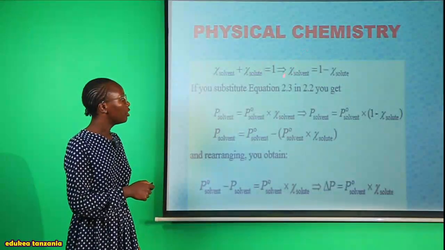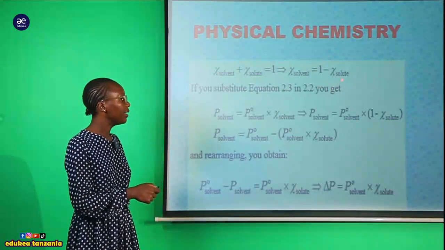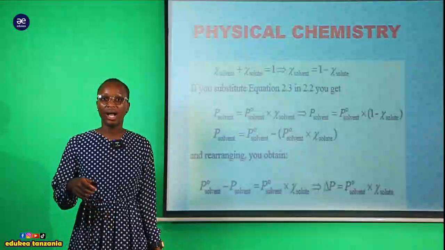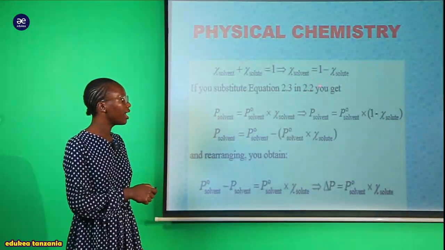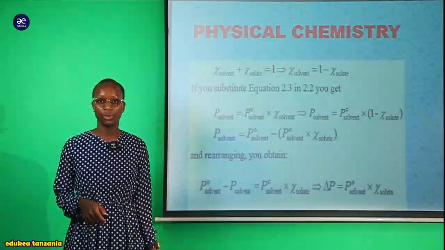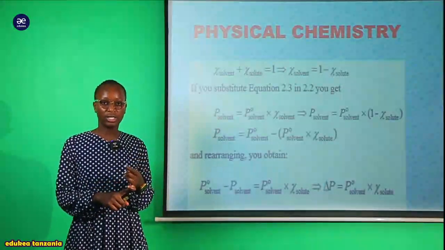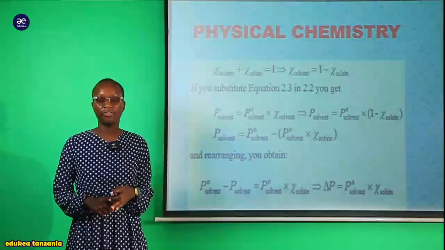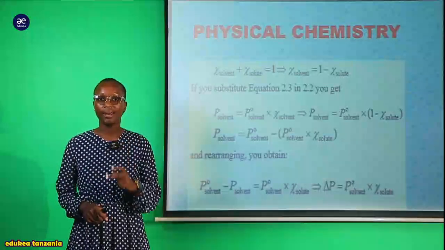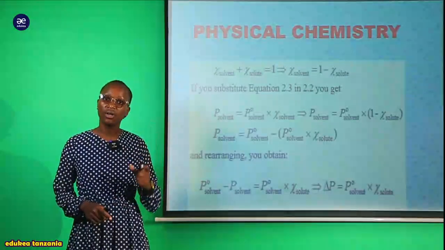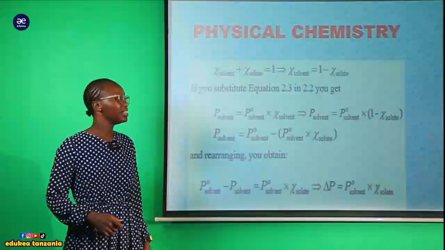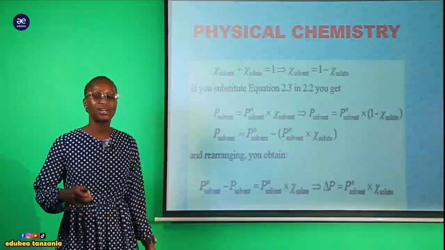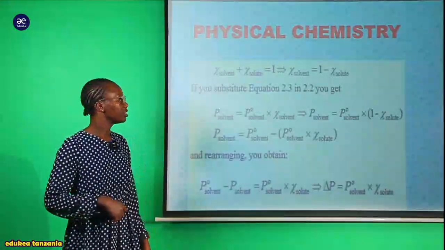Therefore mole fraction of the solvent ni sasa na 1 minus mole fraction of solute. Kama mole fraction ya solute ukiplus na mole fraction ya solvent ni sasa na 1, kwa hiyo mole fraction ya solvent ni sasa na 1 ukitoa mole fraction ya solute. In simple calculation, just rearrangement of the equations.